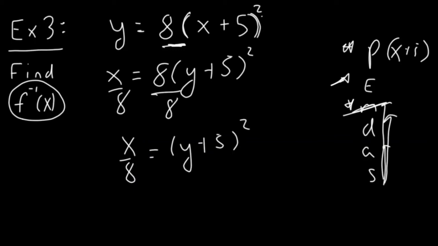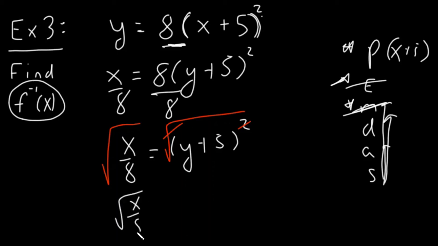How do we get rid of the exponent? Well, to get rid of that square, we know that we're going to take the square root, and what we do to the right, of course, we have to do to the left. And don't forget, get that entire fraction inside that square root. So those cancel, and at this point, we now have the square root of x over 8 equals y plus 5.